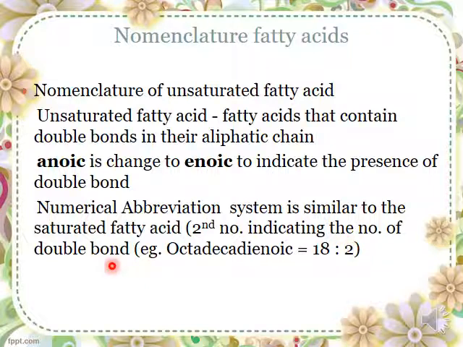For example, octadecadienoic acid. Note the enoic here. It has 18 carbons with 2 double bonds present. Based on this nomenclature, you don't know the position of the double bond, but you know the number of double bonds.